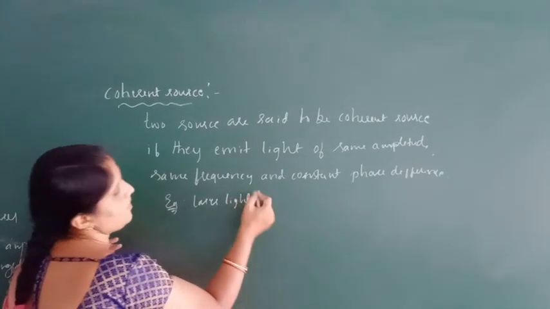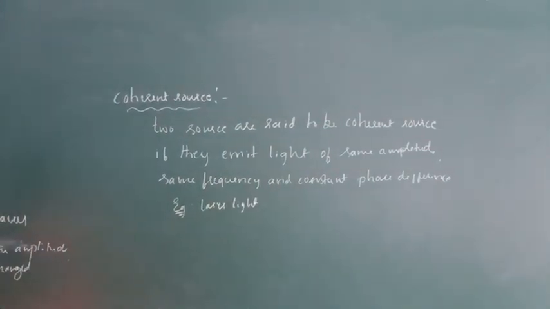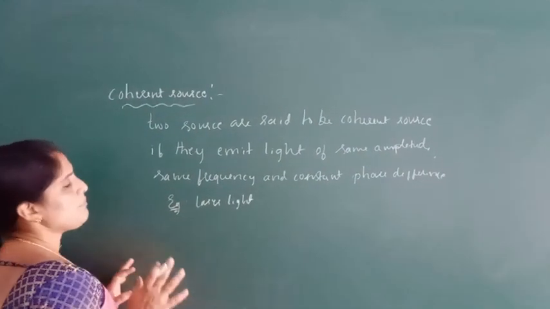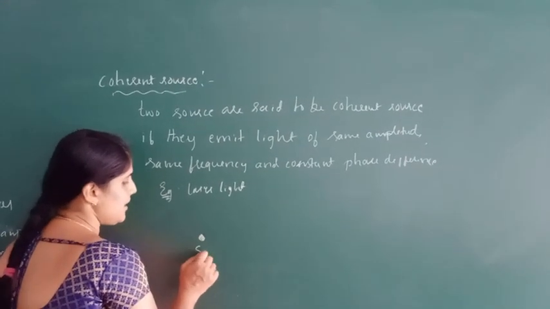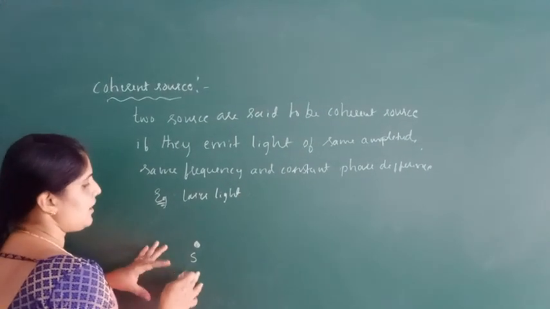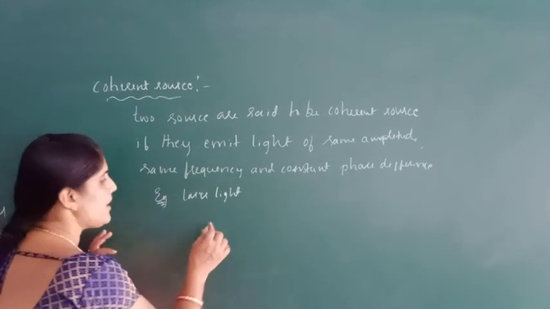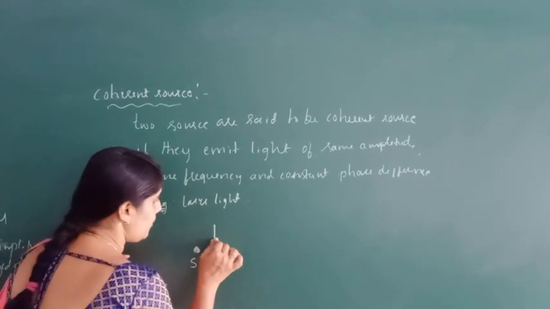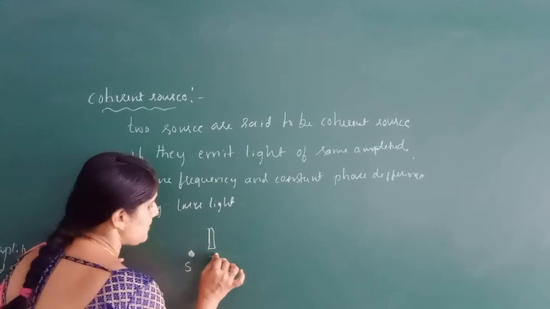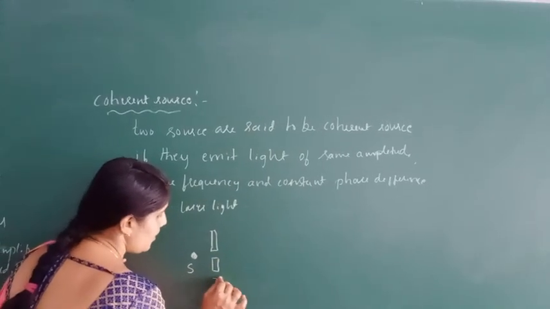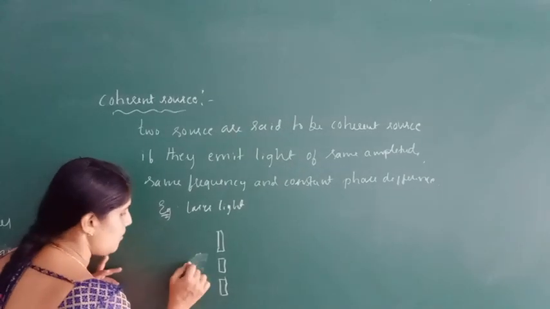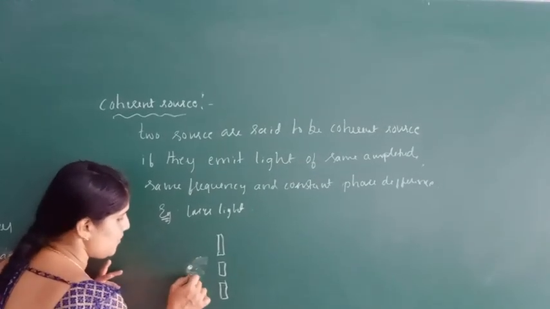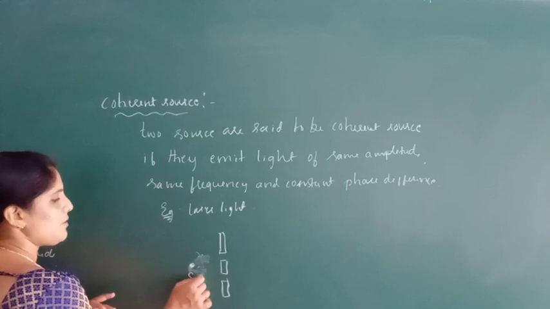Usually the best coherent source is obtained from a single parent source. So if we keep a single point source in front of two small slits, like this, this point source emits a spherical wavefront.